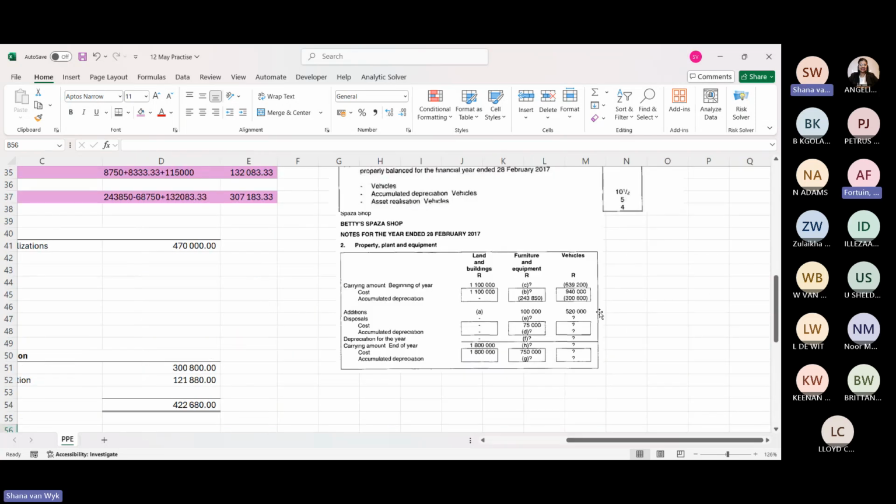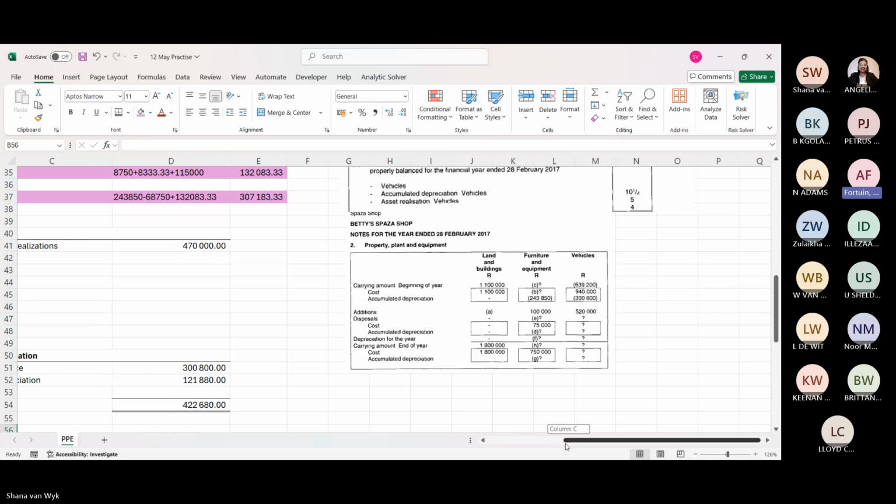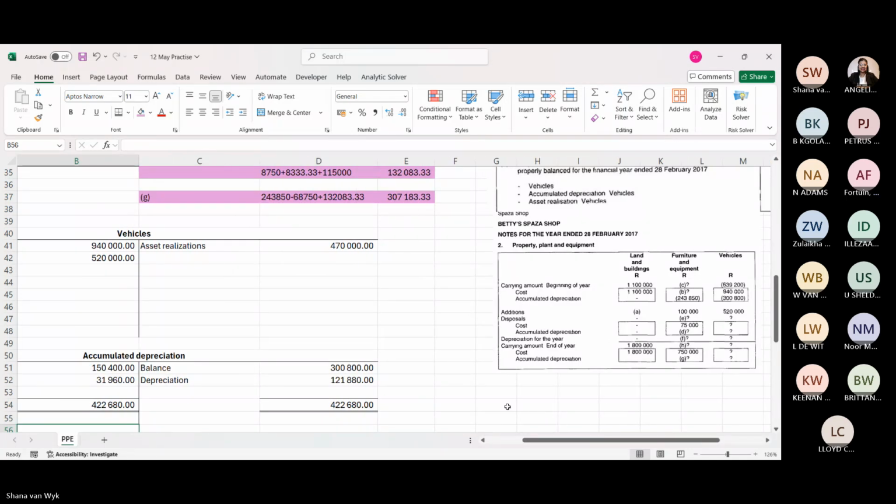Wait, Zuleika, what would be the carrying value, to do a separate calculation? I don't think it's part of the question. I'm just asking. 69,200 plus 1, 2, Aziza, what did you ask now? Oh, it is part of the carrying value at the bottom of the asset at year end. So I think somebody answered.